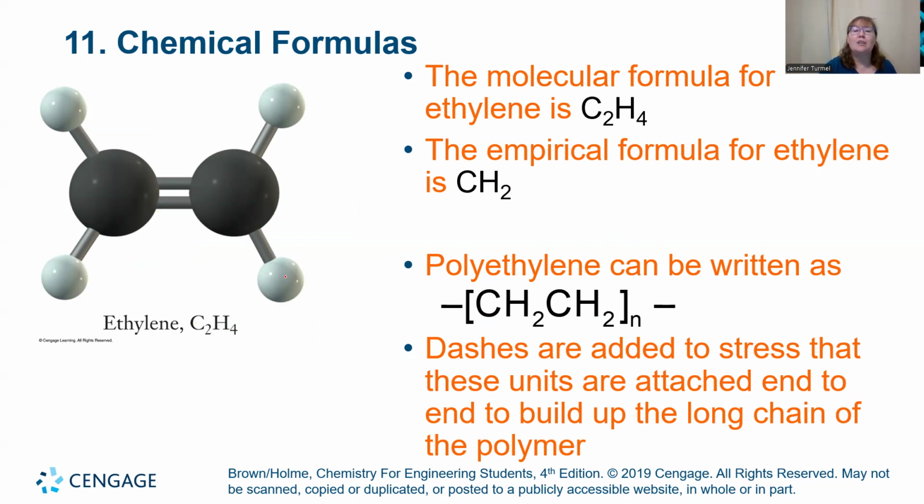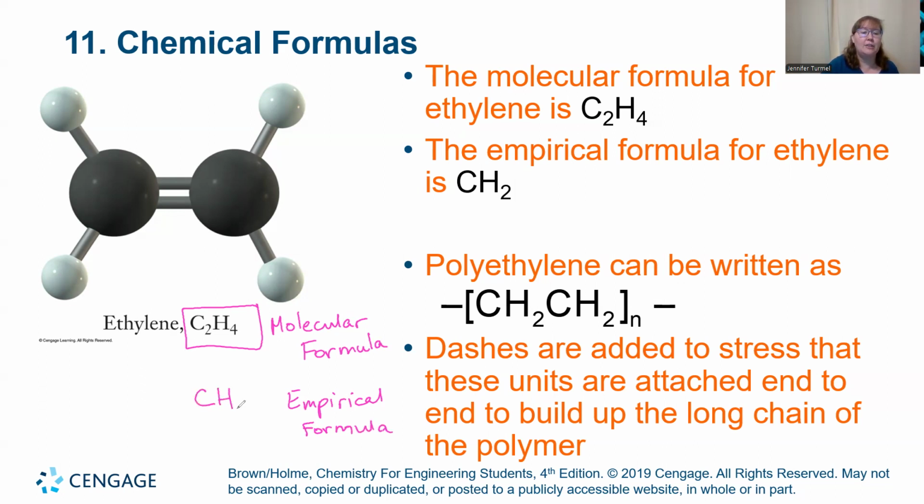Okay, so again, just looking at this, the actual ethylene is C2H4, and that is your molecular formula. And if we were going to make the empirical formula for that, we would write CH2.